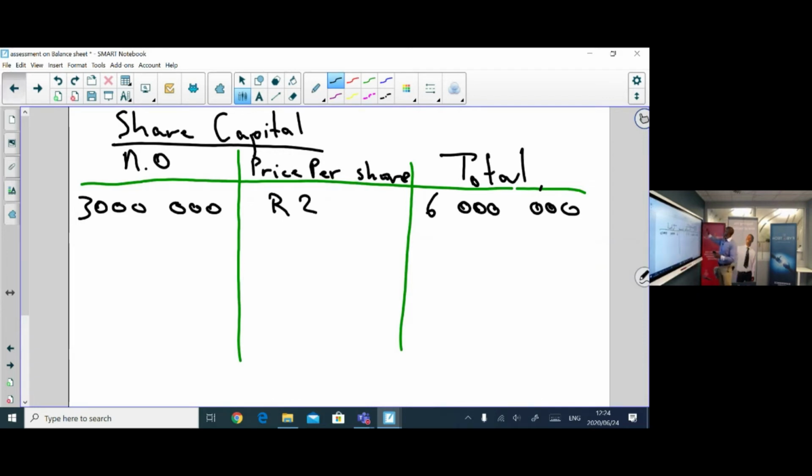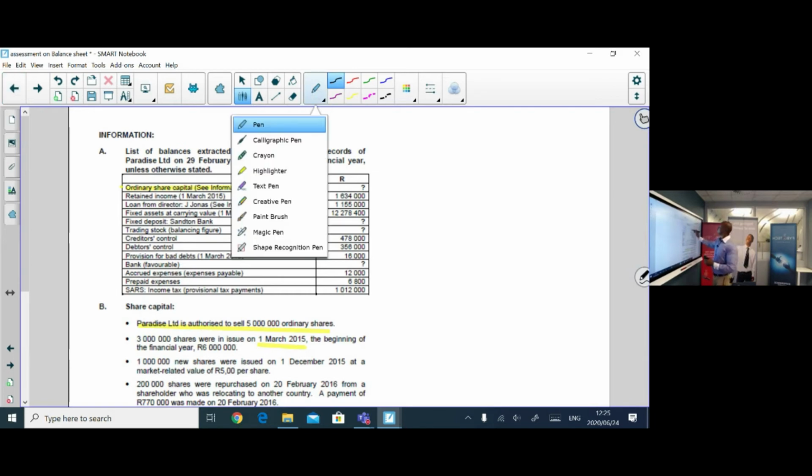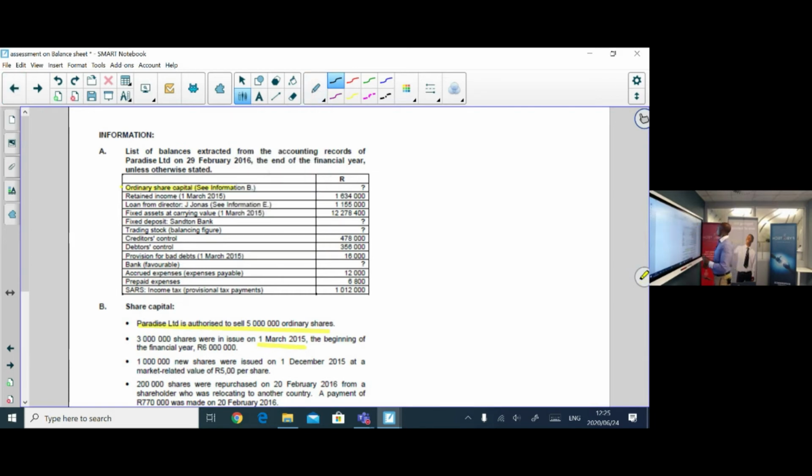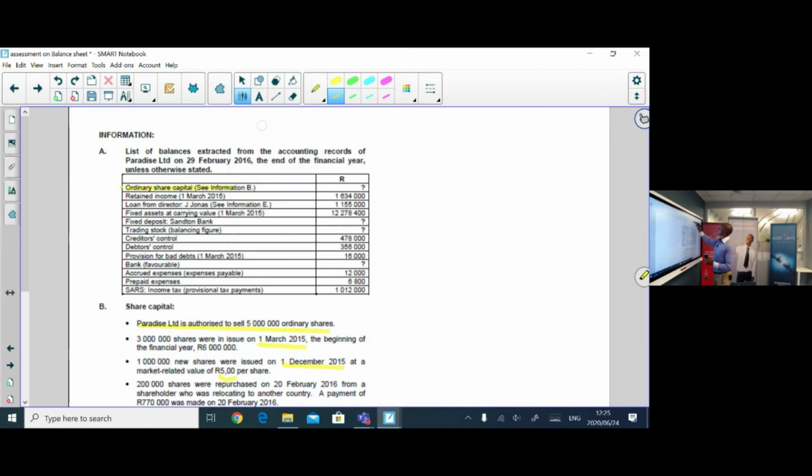Then it says here that 1 million new shares were issued on 1st December. It also falls under our financial period, for 5 rand. So let's go to our slide.